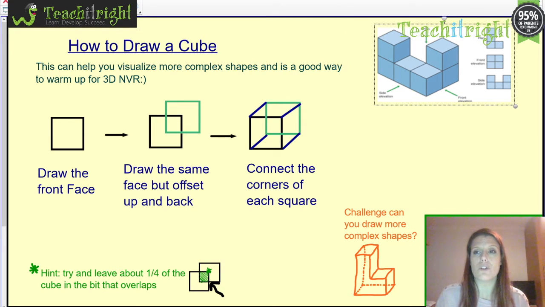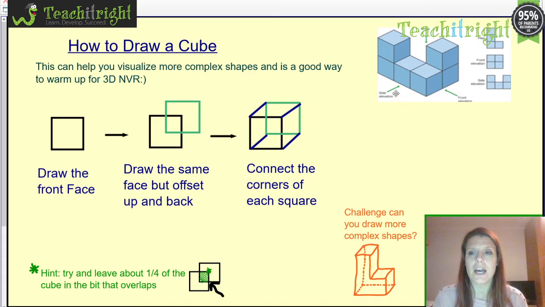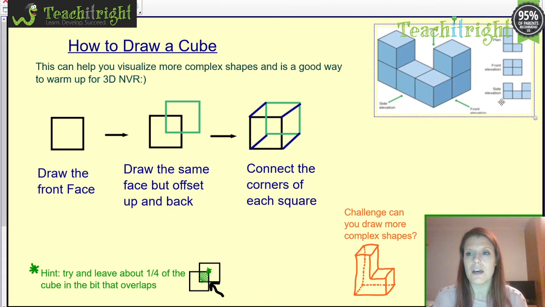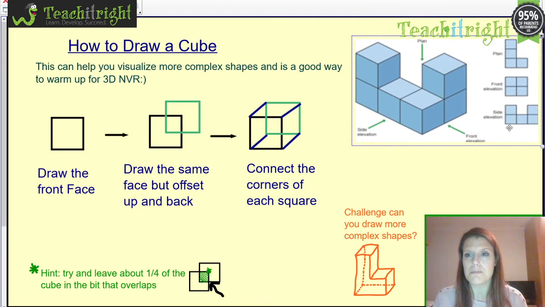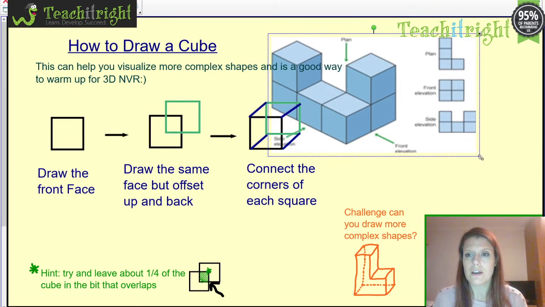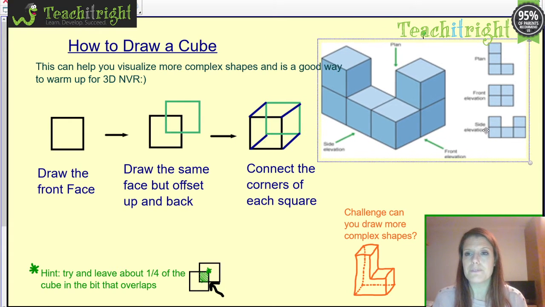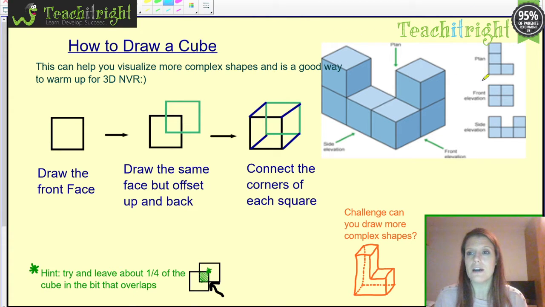So already in Block 3, we have looked at different views of three-dimensional shapes. And you can see in this example here, the wording is a little bit small, so I'm just going to blow it up for you a little bit. If you're asked to show or recognise the plan of a three-dimensional shape, you can see that is this example here on the right.